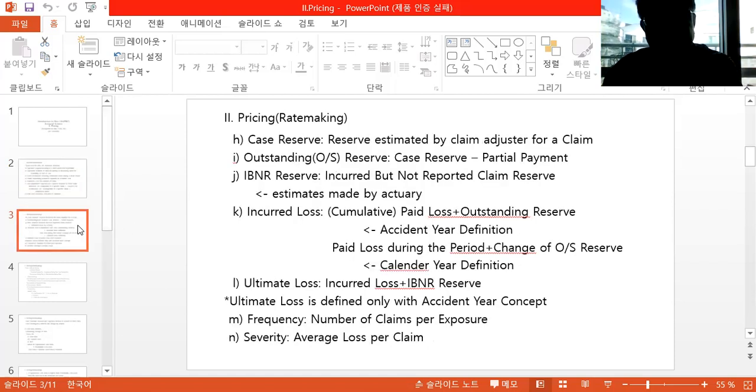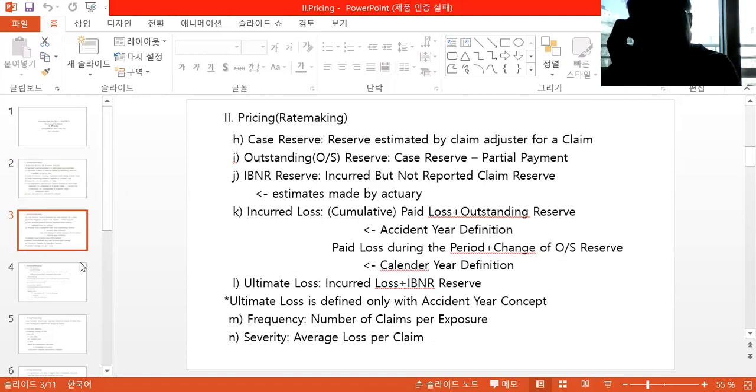The case reserve is a reserve estimated by claim adjusters for a claim. And then the outstanding reserve, or OS reserve, is the case reserve minus the partial payment, if partial payments are allowed. And then the important item is called IBNR reserve.